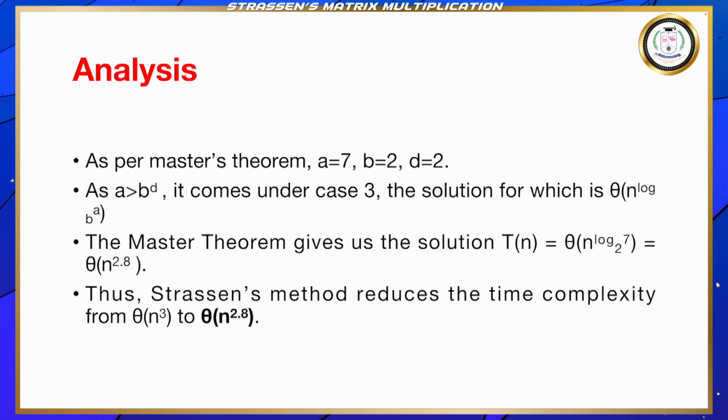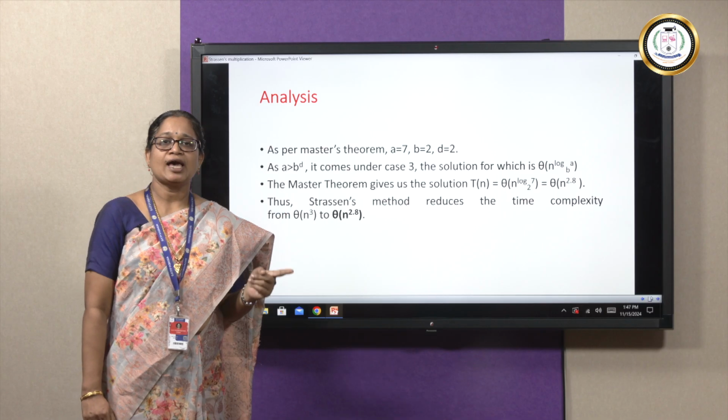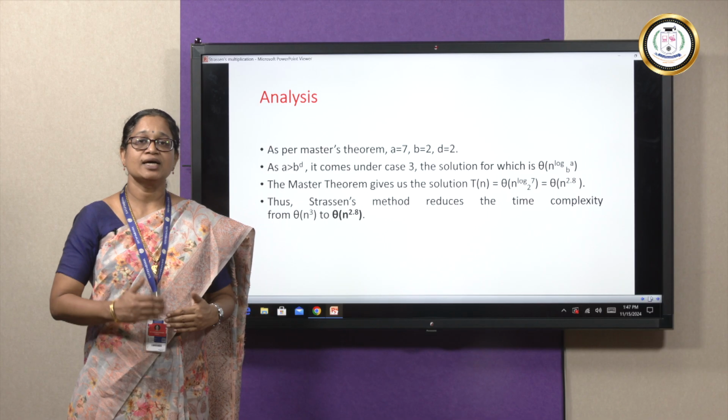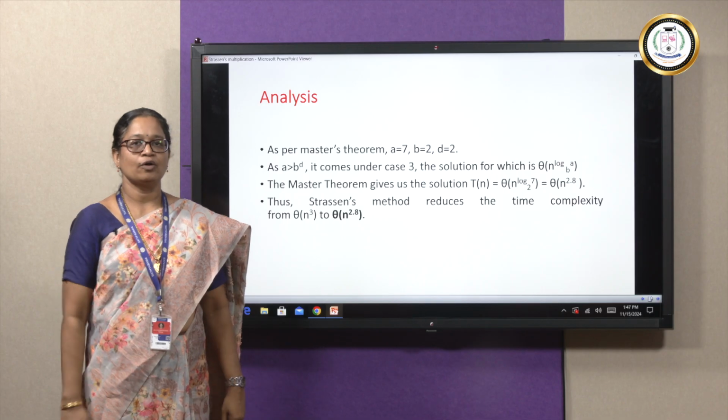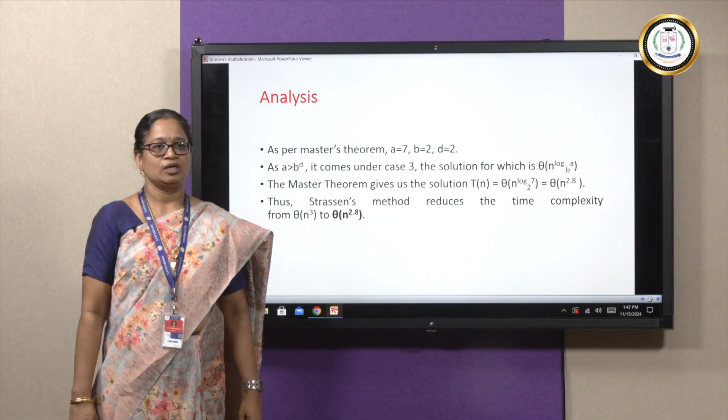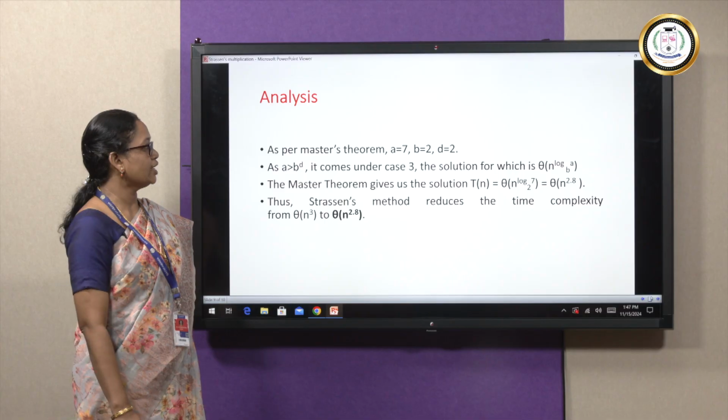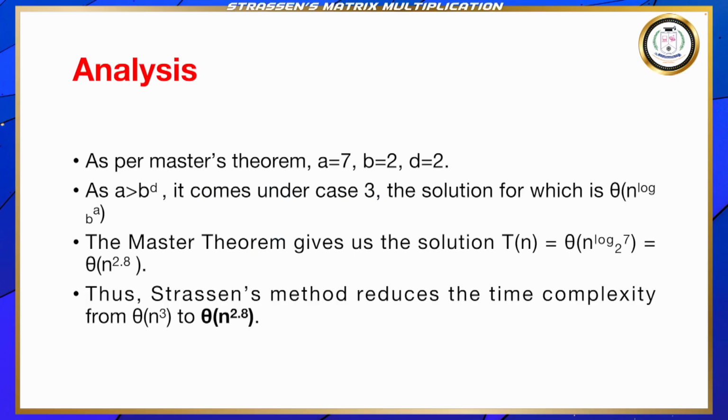As per Master's theorem, a equals 7, b equals 2 and d equals 2. We compare the values of a and b power d and we find that a is greater than b power d, which comes under case 3. The solution for case 3 is theta of n power log a to the base b.